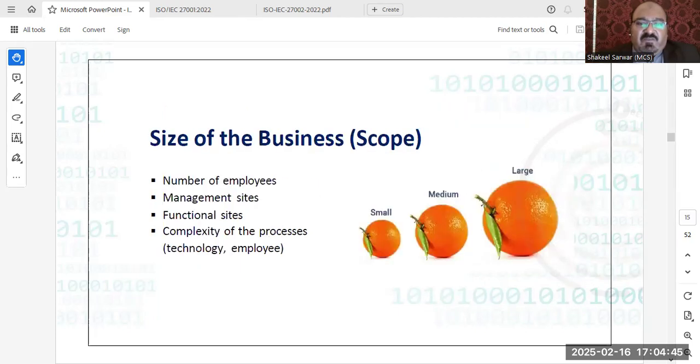And the size of the business refers to the scale of the organization, measured by factors like number of employees, revenue, or market reach, and determines the complexity and scalability of ISMS. A small business may require a leaner system, while a large organization may need more robust controls.